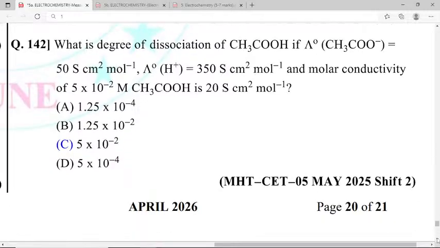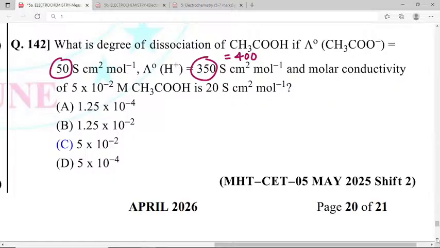What is the degree of dissociation of acetic acid? This is the lambda C, the molar conductivity. So this is the acetate plus H plus. How much is this? This is 50 plus 350, so lambda naught becomes 400.